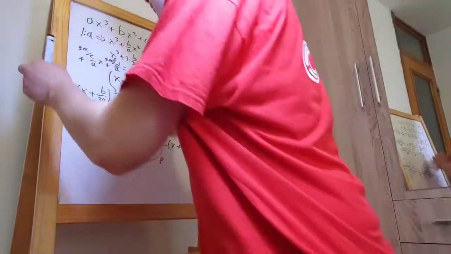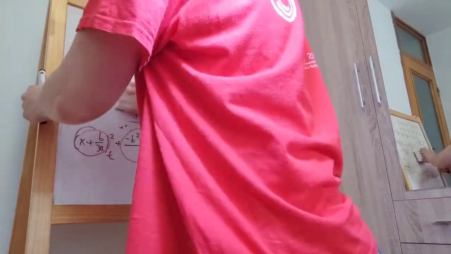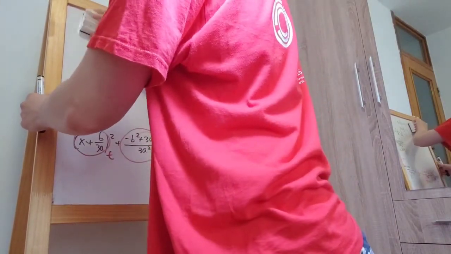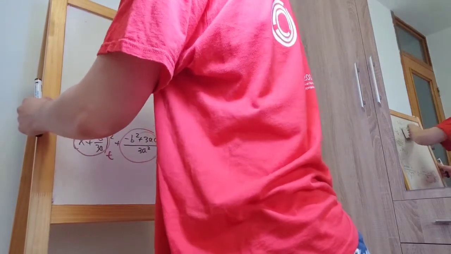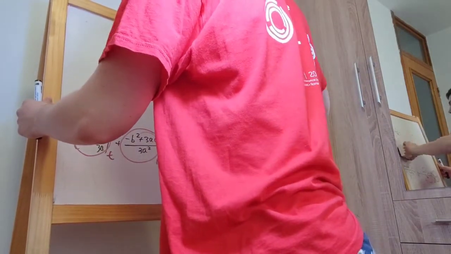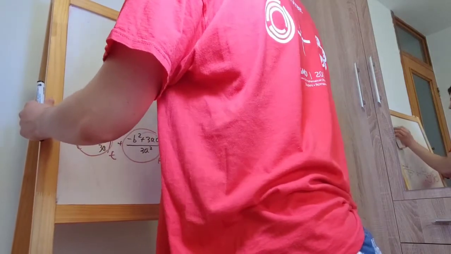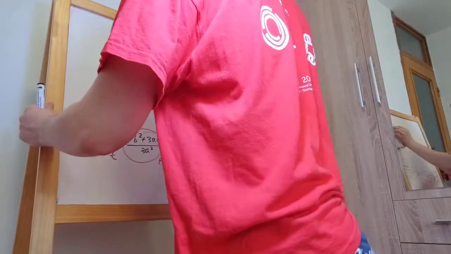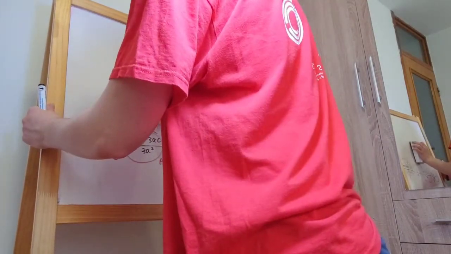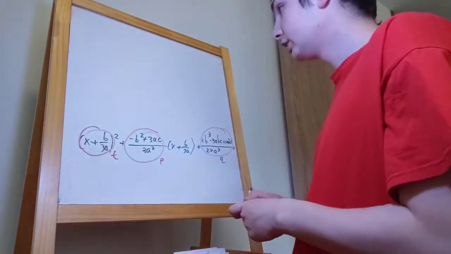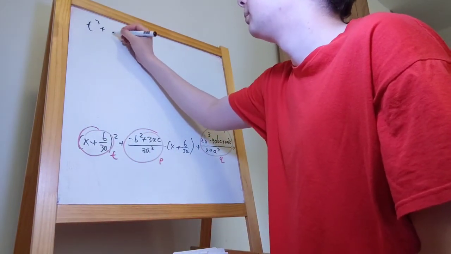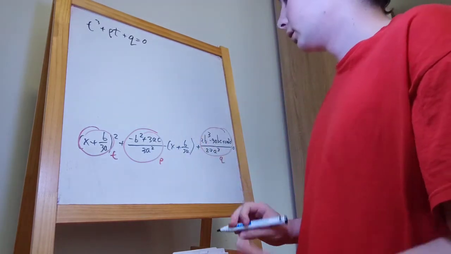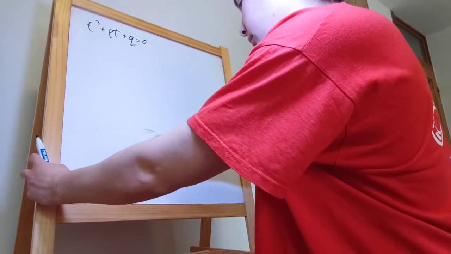If we do this, our equation will turn into a simpler one: t cubed plus pt plus q is equal to 0. We can now get rid of this.